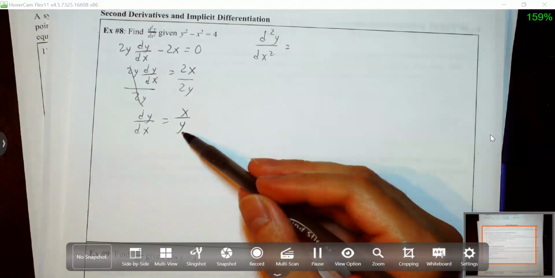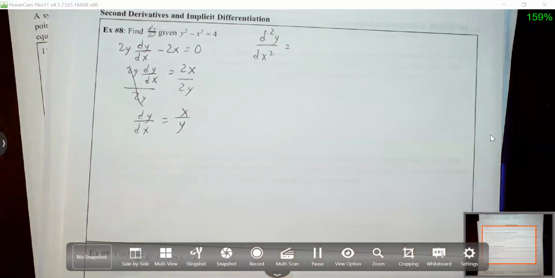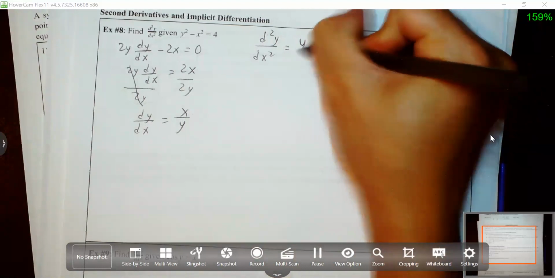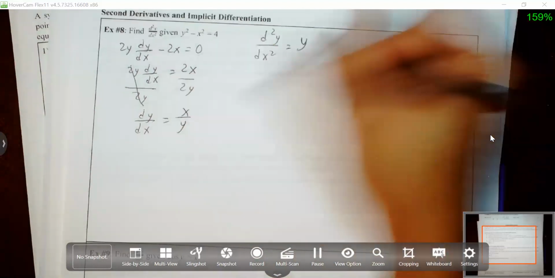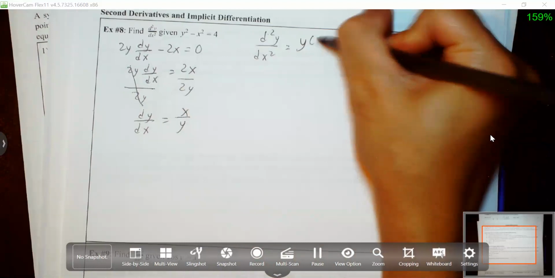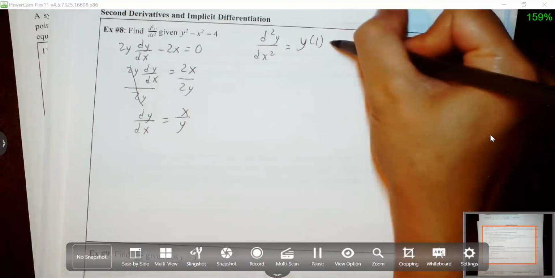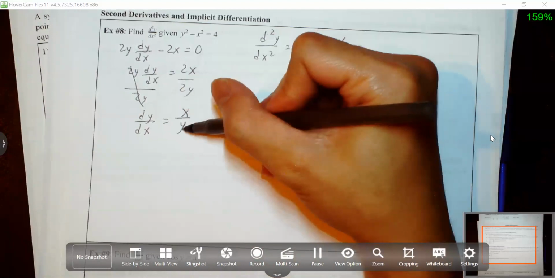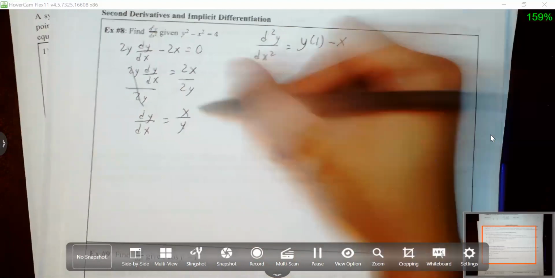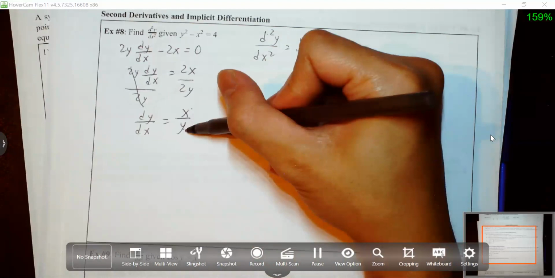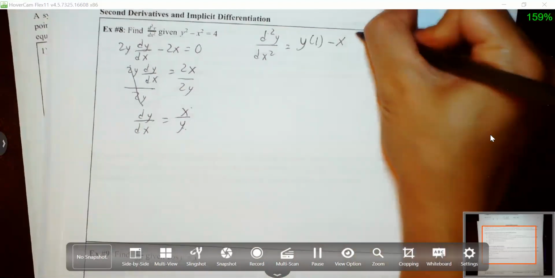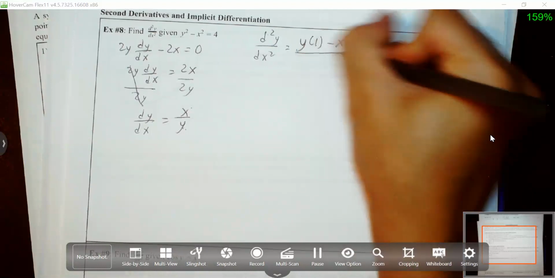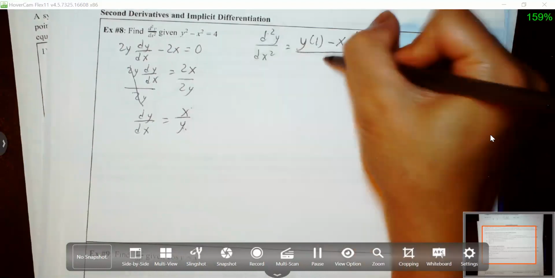The bottom times the derivative of the top. So it's y times the derivative of x, which is just 1, minus the top times the derivative of the bottom, which is the derivative of y, dy over dx, all over the bottom squared, y squared.